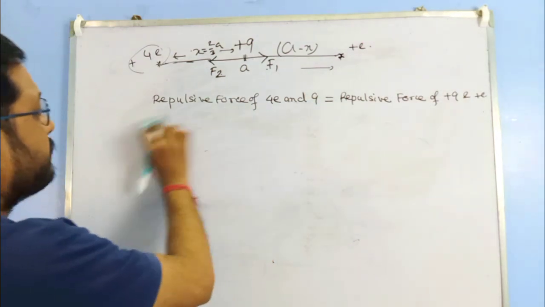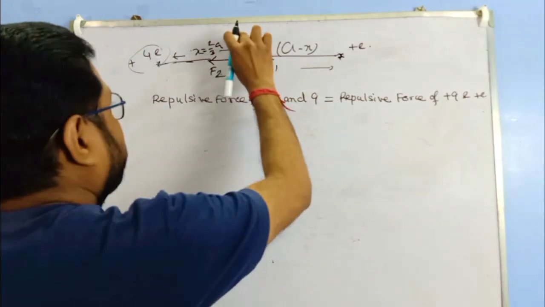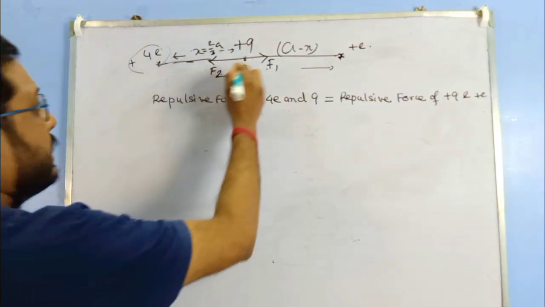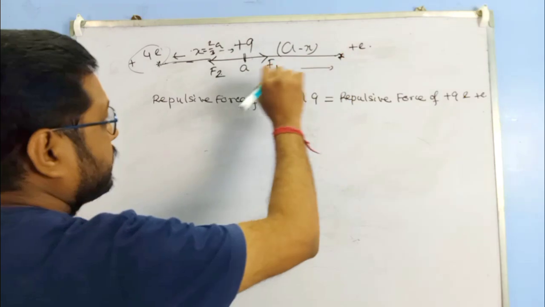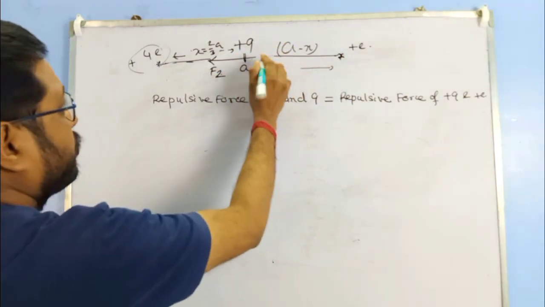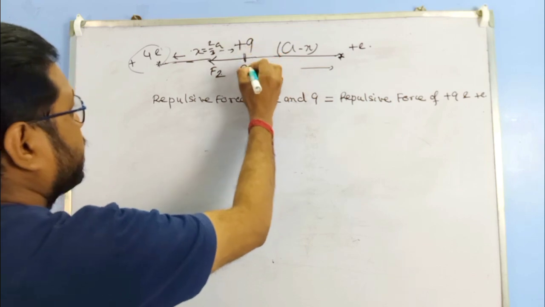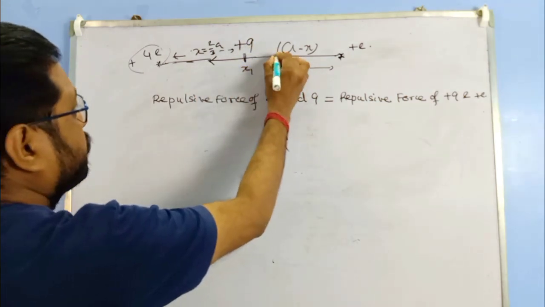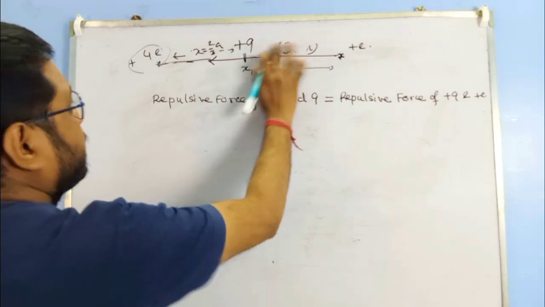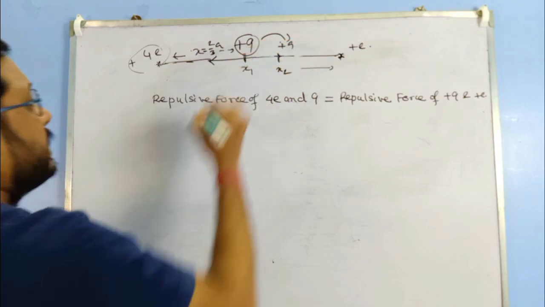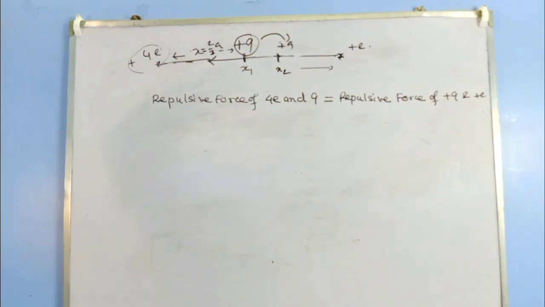If we slide this charge q a little toward the right, that is, if we take q from position x1 to position x2, then what will occur?